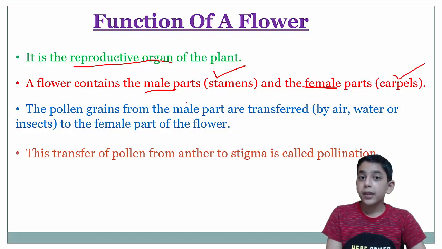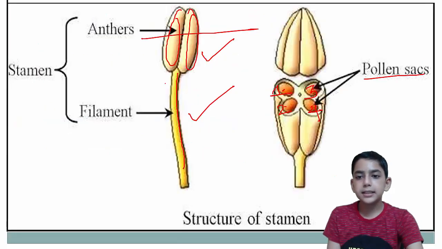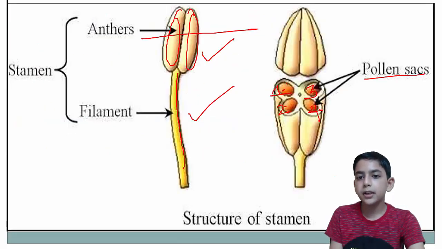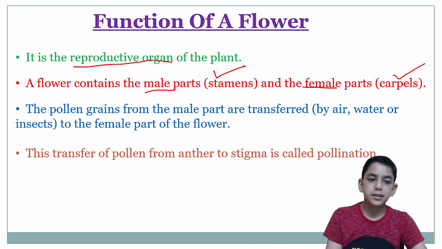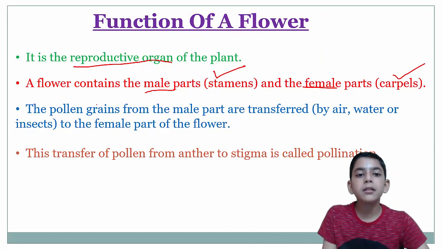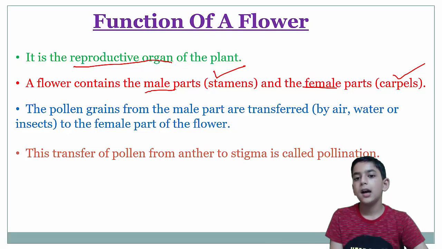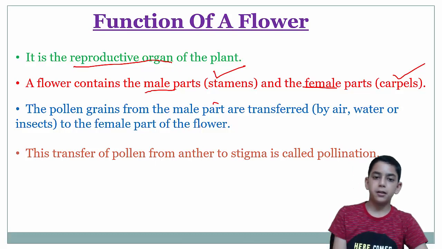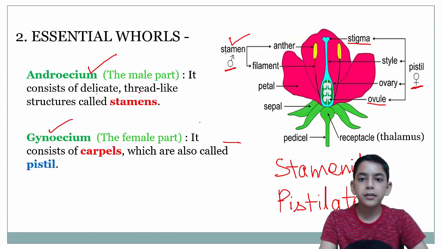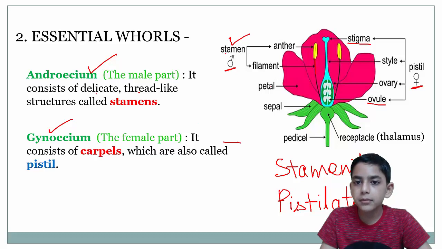And now, as I told you about these pollen grains, now we shall read about them. The pollen grains from the male part are transferred by air, water, or insects to the female part of the flower.